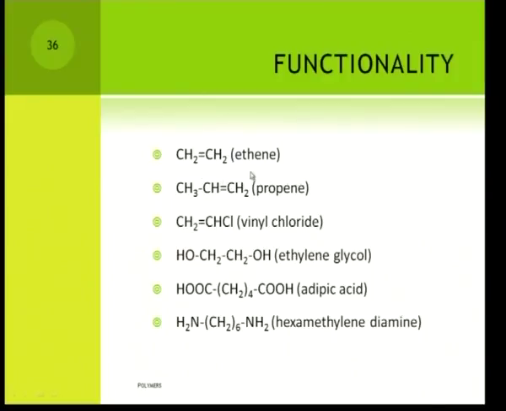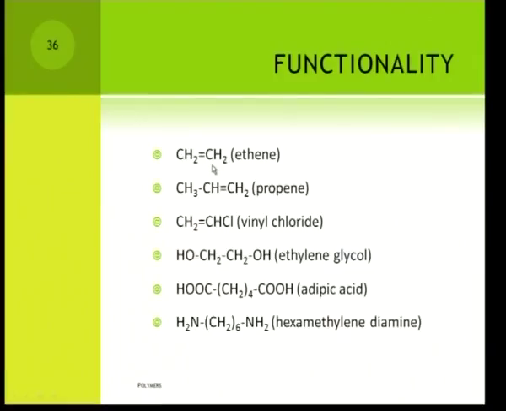The first example is ethene or ethylene, as you call it, which is a basic monomer used to prepare polyethylene. In this case, you have a double bond present between these two carbons. Hence, the bifunctionality is due to this double bond. Coming to the second case, propene, which forms polypropylene or polypropene.